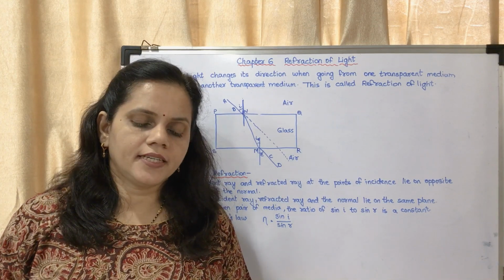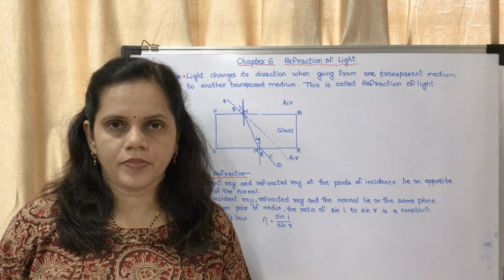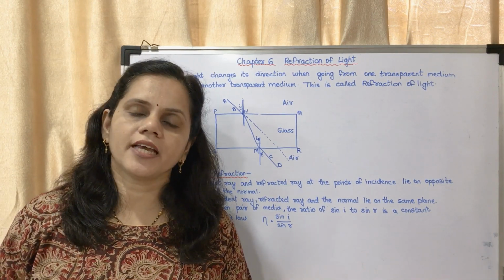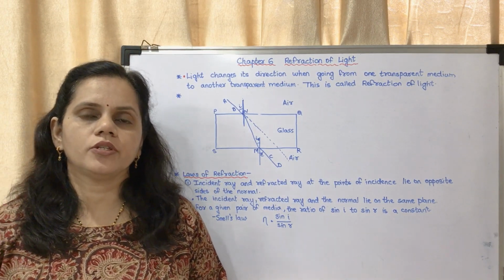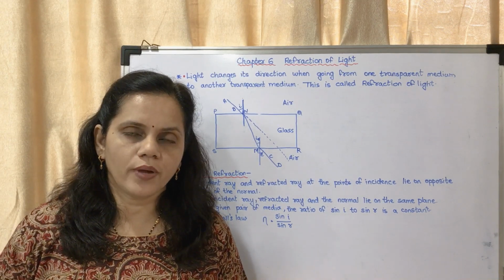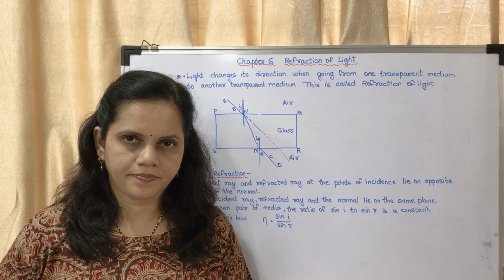The next activity is keep a 5 rupee coin in a metallic vessel. If you stand near the vessel, you can see the coin inside the vessel. Now you have to move backwards till a point where you are not able to see the 5 rupee coin.